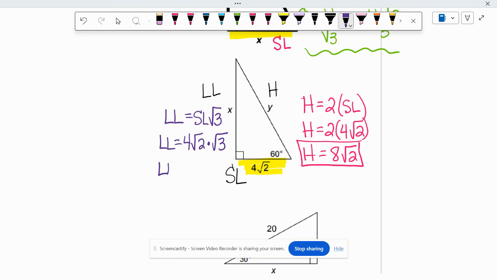So my long leg equals 4 times the square root of 6. Let me just leave it like that. You don't calculate that and tell me what that decimal is. You leave it just like that. On your test, it says leave your answer as a simplified radical. We do that for all special triangles, right?